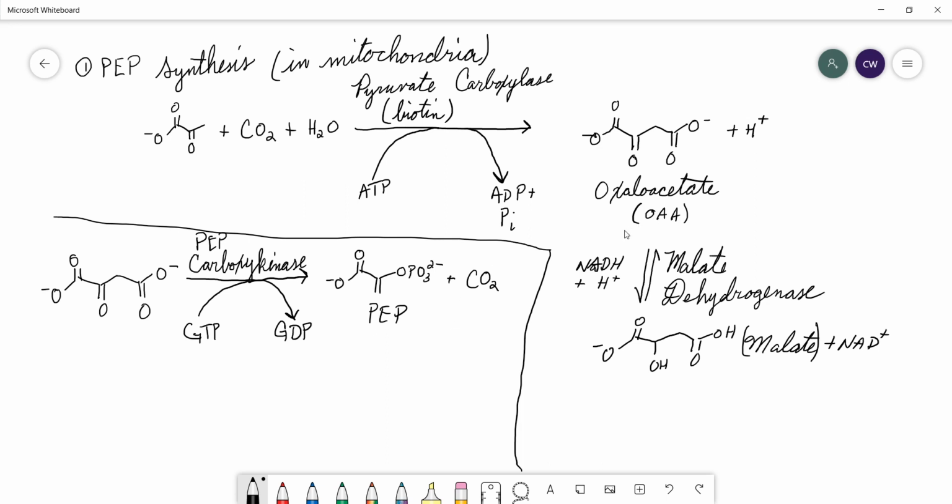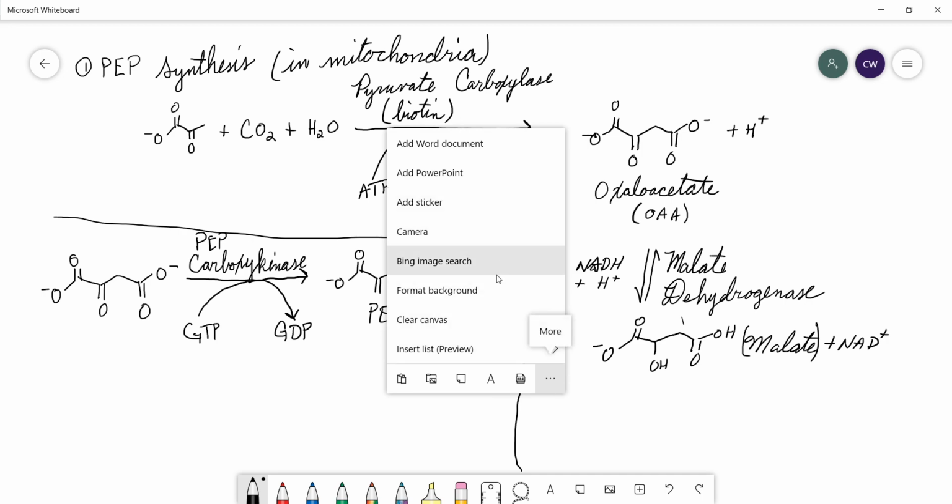Sometimes the mitochondrion cannot process it beyond oxaloacetate, and so then we have to convert it to malate through the Malate Shuttle to get it out of the mitochondrion and into our cell cytoplasm, where this reaction then takes place. But that gets us part of the way there. Once we have PEP, we can then take it all the way back to fructose 1,6-bisphosphate using the reversible reactions for glycolysis.